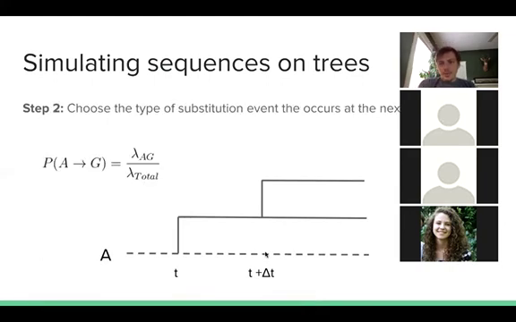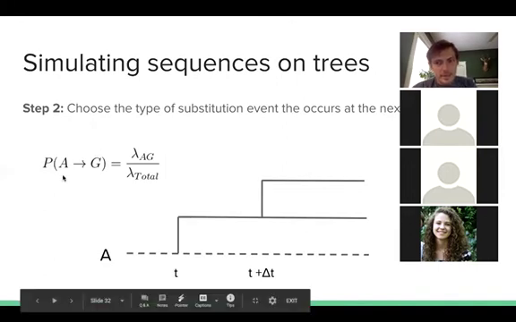Then at step 2, as before, we have to decide what type of event occurs. In this case, we need to decide what type of mutation event occurs, so we can compute the relative probability of each type of substitution occurring.